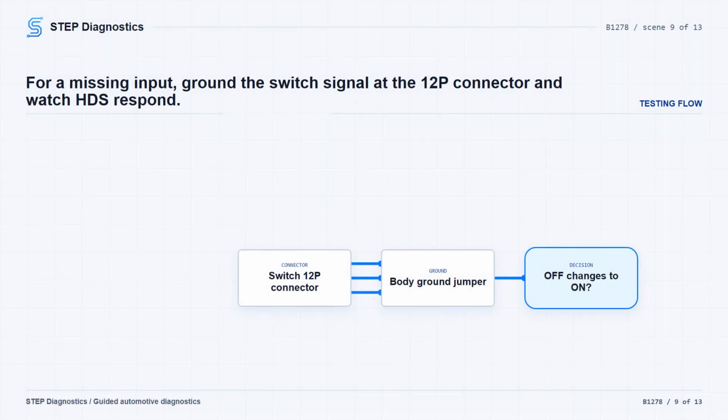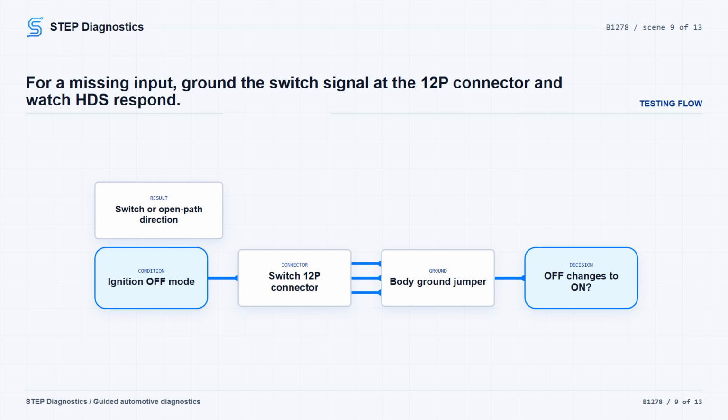If the earlier HDS check showed the data value OFF when it should have been on, turn the ignition switch to lock 0, or press the engine start/stop button to select the OFF mode. Disconnect the combination light switch 12P connector. Use a jumper wire from the combination light switch connector signal terminal to body ground on the listed circuits. No. 1 P and K to body ground.